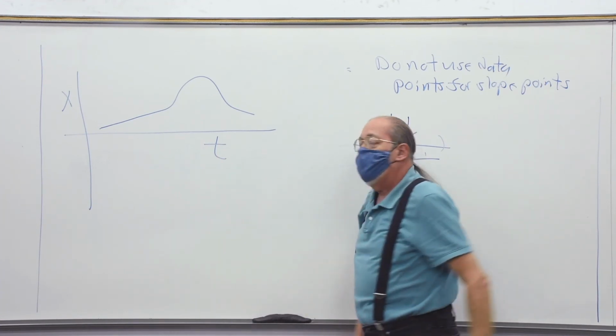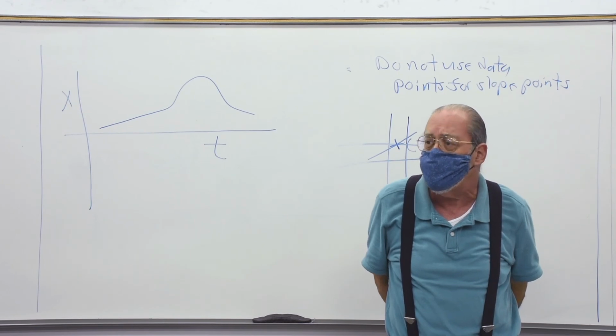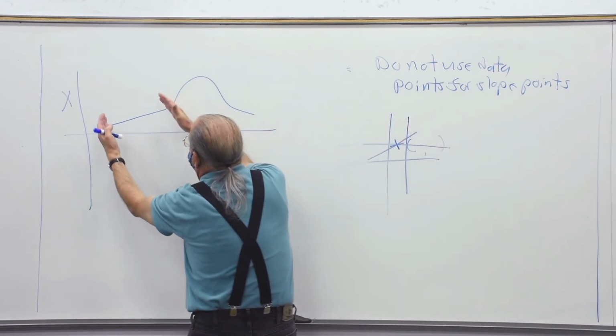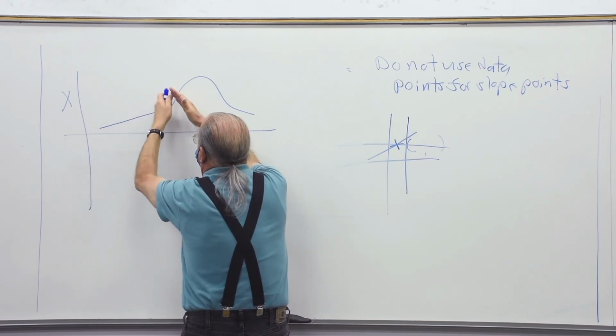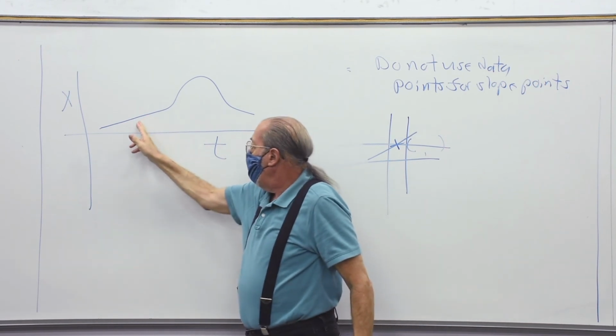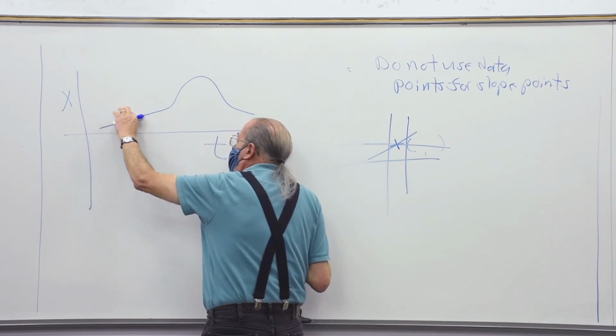Are there any places where the velocity is constant? The answer is yes. From about 0 to about 18 seconds, the line is essentially straight. So it's going at constant velocity here.